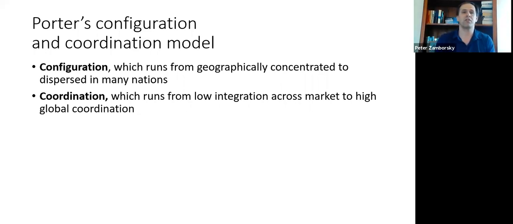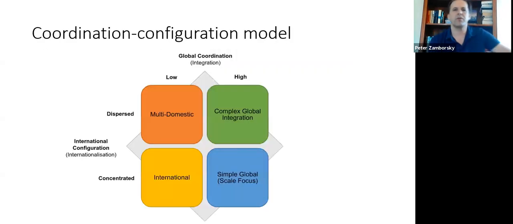So you could look at configuration of various functions, so your whole business, if you want, and coordination, where it looks at whether you have low or high coordination across markets. Are you giving a lot of decision-making power to your subsidiaries? Or are you really keeping a close step on what's going on in other countries as part of your network?